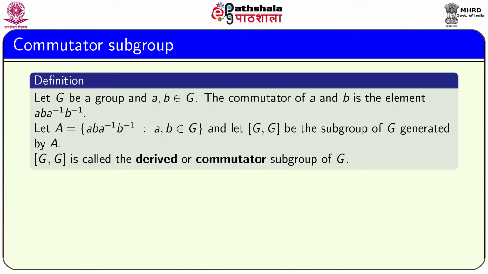We collect all the commutators and call the set capital A, consisting of the elements A B A inverse B inverse such that A, B belong to G. Then the group generated by this set A is a subgroup of G called the commutator or derived subgroup of G, and it will be denoted by [G, G].